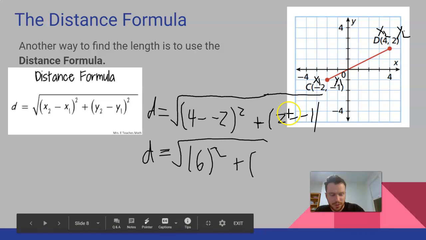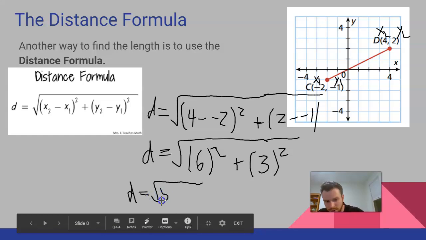That's 2 plus 1, right? 3 squared. So we get d equals the square root of 36 plus 9, which equals the square root of 45, which, like we said earlier, equals 3 square root of 5 units.